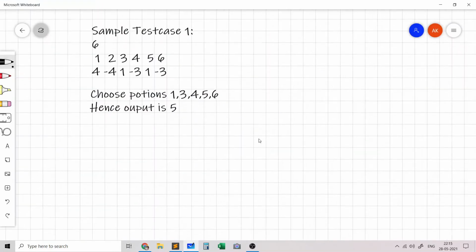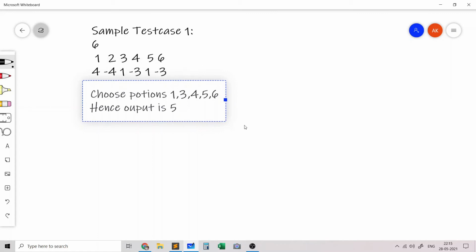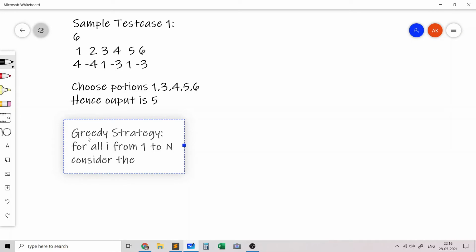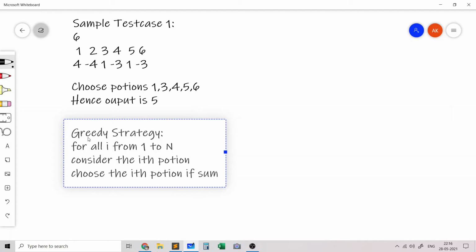Let's work on this sample test case to make further observations. The obvious greedy strategy is that we loop for all i from 1 to n, consider the ith potion, and choose it if sum plus the health value of the potion is greater than or equal to 0.